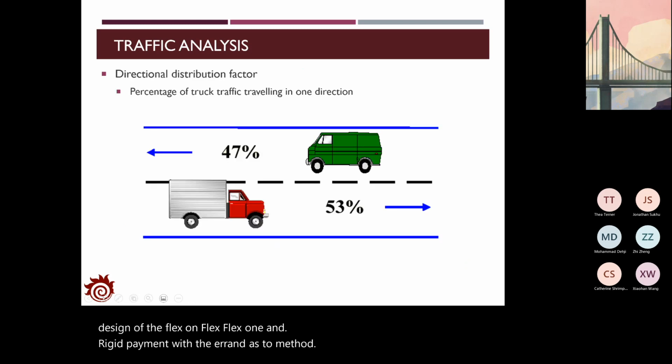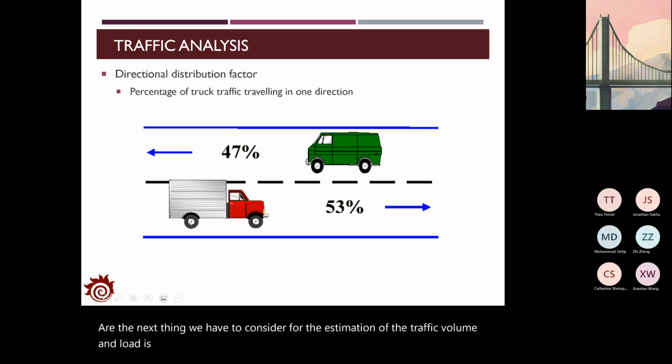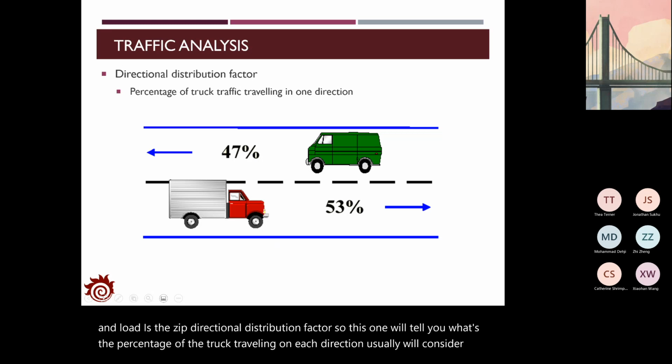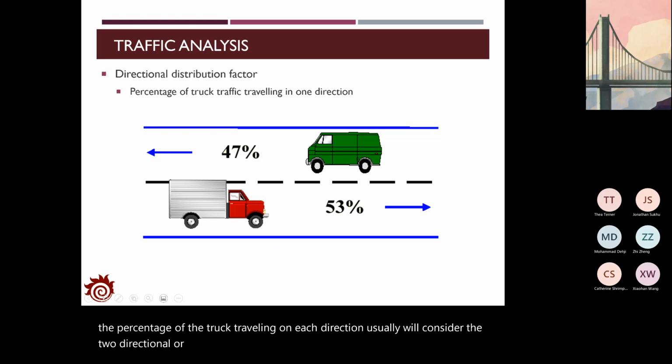The next thing we have to consider for the estimation of the traffic volume and load is the directional distribution factor. So this one will tell you what's the percentage of the trucks traveling in each direction. Usually we are considering a two-directional road. Well, this is one example.